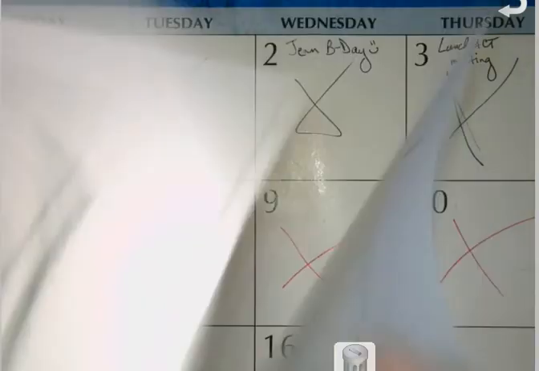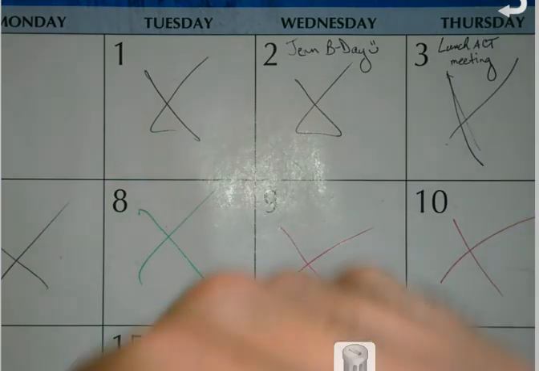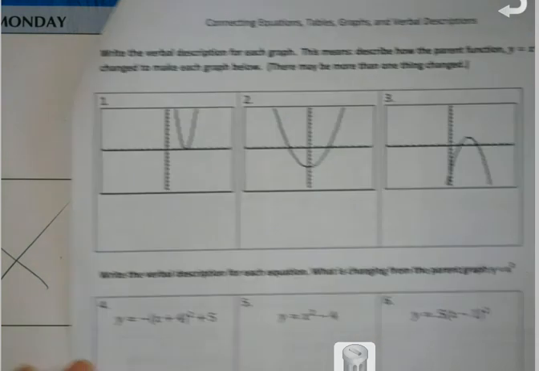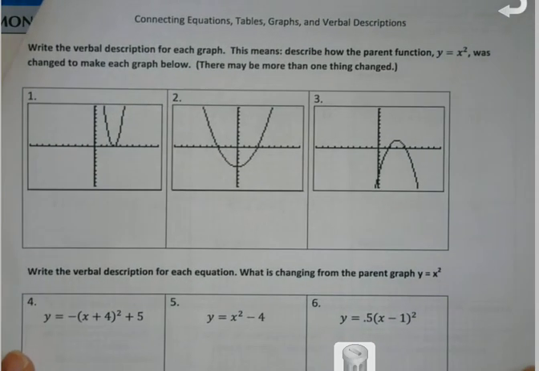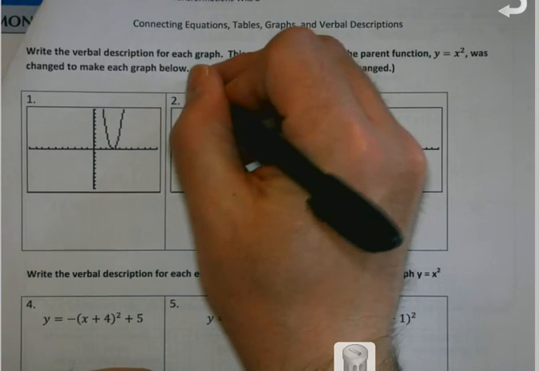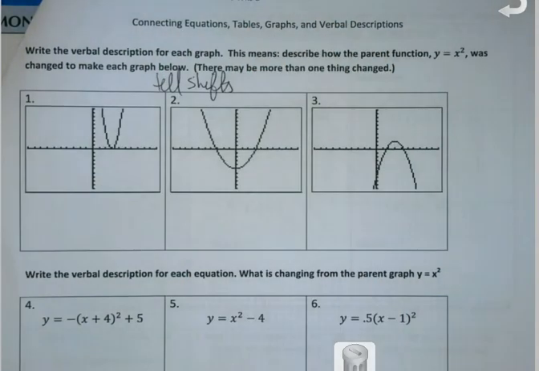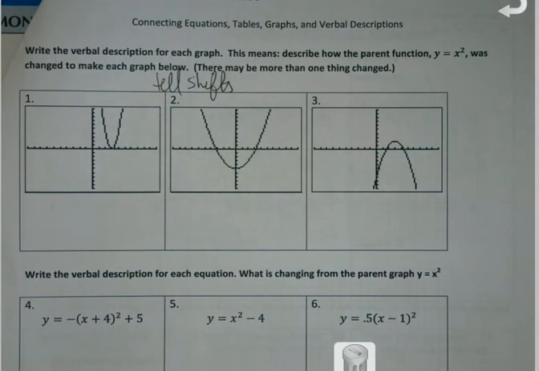Now I'm going to flip to this next sheet for a minute. I just want to make sure we're all on the same page on what we're doing. Here, I just want to know what the shifts are, or the shift if there's only one. If we take that normal graph, what happened?